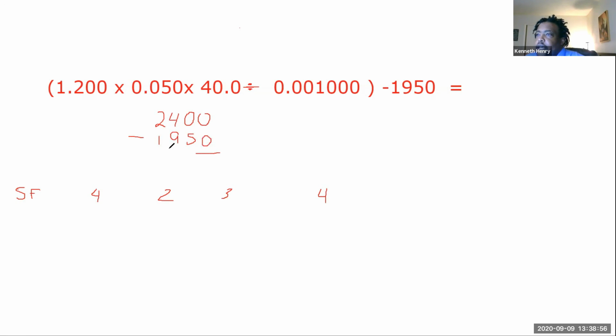Okay, so where would I draw my lines? For the first number? In between the 4 and the 0. Okay. And then the second number?